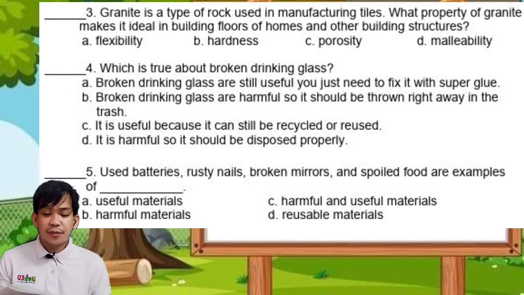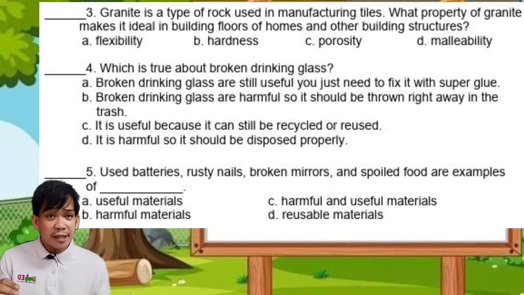So, alin doon yung true about broken drinking glass? Number 5. Used batteries, rusty nails, broken mirrors, and spoiled food, yung mga panis na pagkain, are example of what? A, useful materials. B, harmful materials. C, harmful and useful materials. D, reusable materials. So, ano yung mas nakikita nyo na katangian itong mga materials na binanggit?